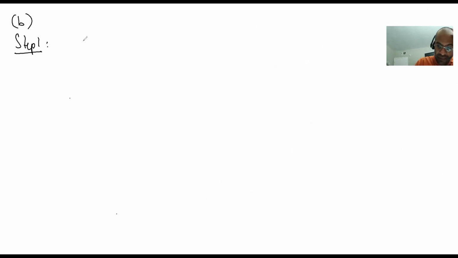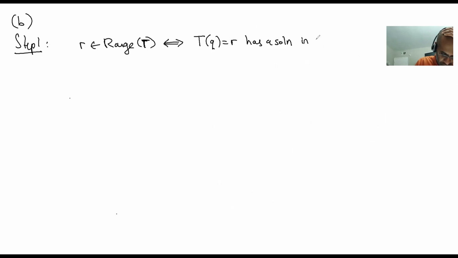Step 1 is, okay, R is in the range of T if and only if, well, what's the definition? If and only if T of Q equals R has a solution. So where does this Q have to live? This Q has to live in P3.